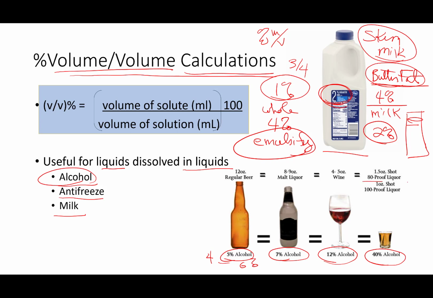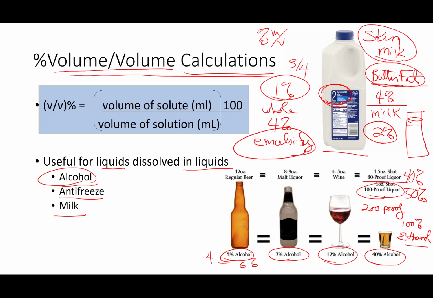80 proof liquor is 40% alcohol. 100 proof liquor is 50% alcohol. Something like an Everclear is 200 proof. If you ever find 200 proof liquor, you are dealing with 100% ethanol.